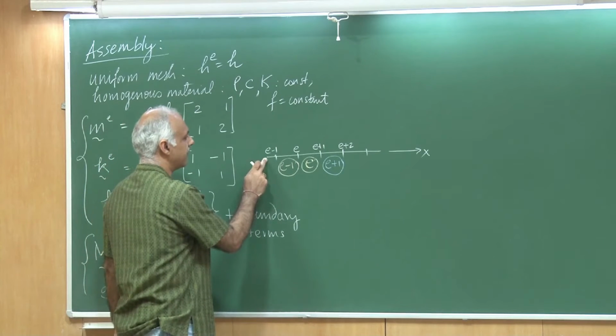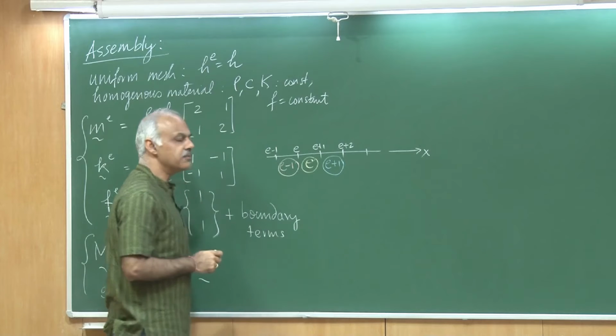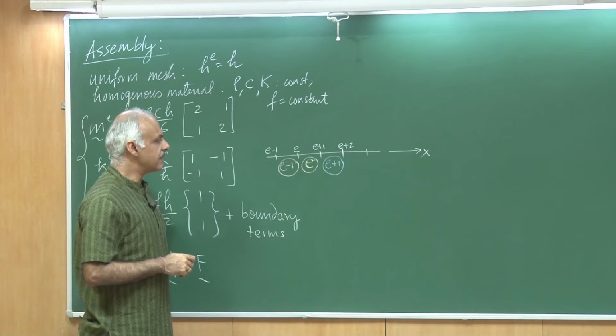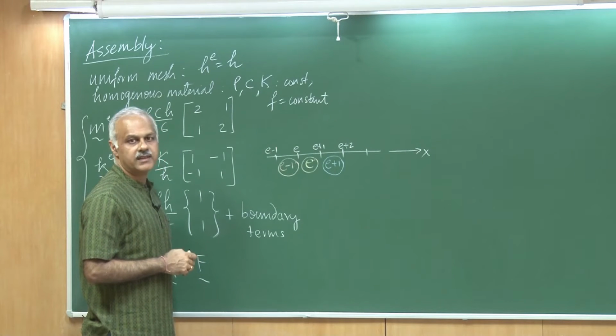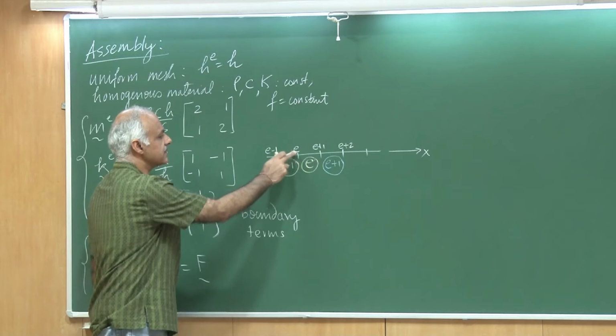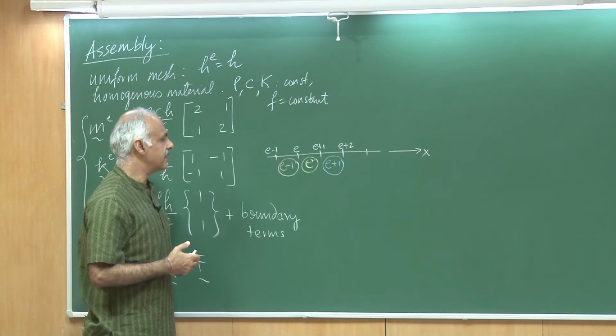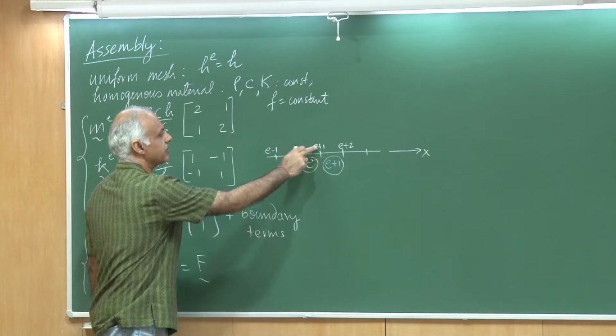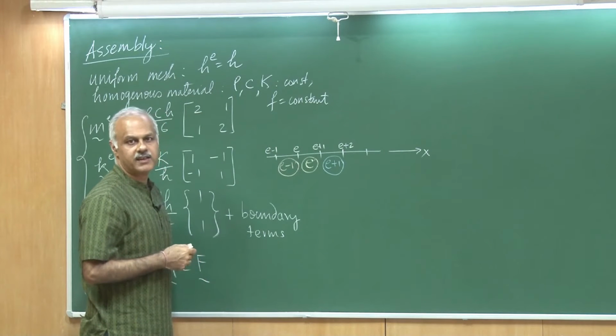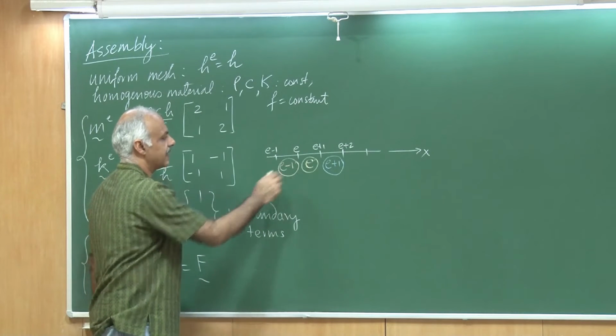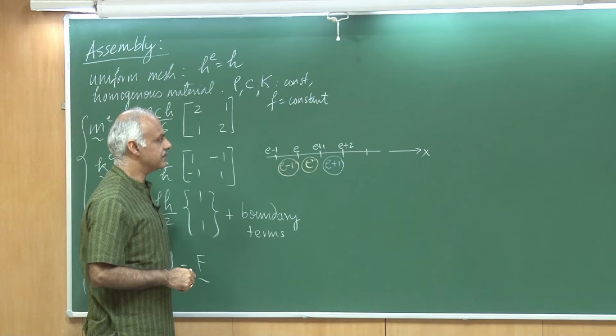Please also remember that because we are dealing with a very simple problem where the Dirichlet boundary condition is at x equal to 1, these node numbers also represent the equation numbers. So, it makes my life much easier. So, these numbers can be thought of as either node numbers or equation numbers, and these element numbers I have circled them.